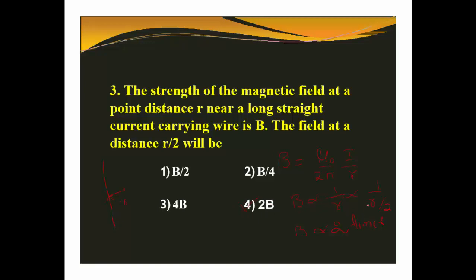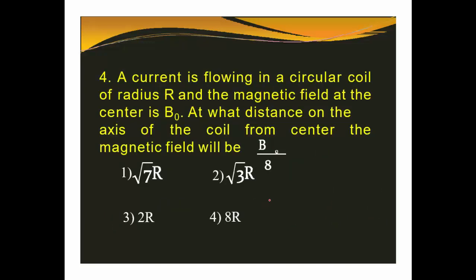If the distance becomes half, the magnetic field will be doubled according to this proportionality. I can see here the magnetic field is mu naught by 2 pi I by r. Hence the magnetic field is inversely proportional to distance, and now the distance is made half, r by 2, so 2 goes up. So the magnetic field is 2 times. Okay.